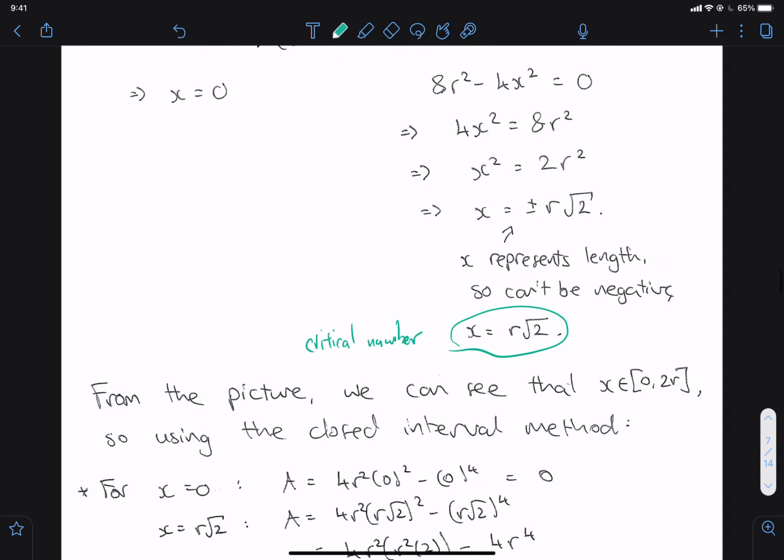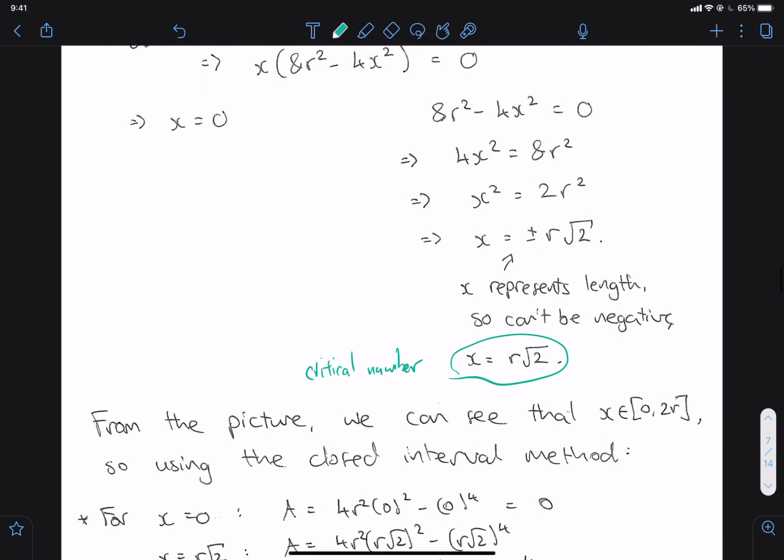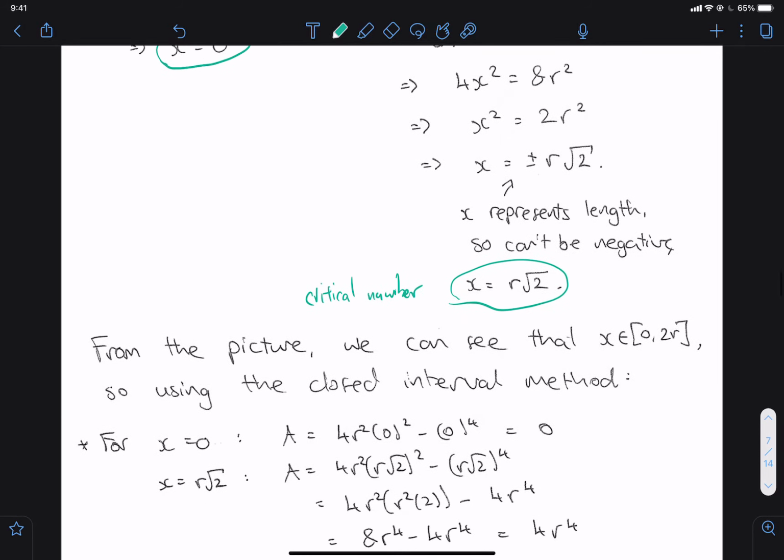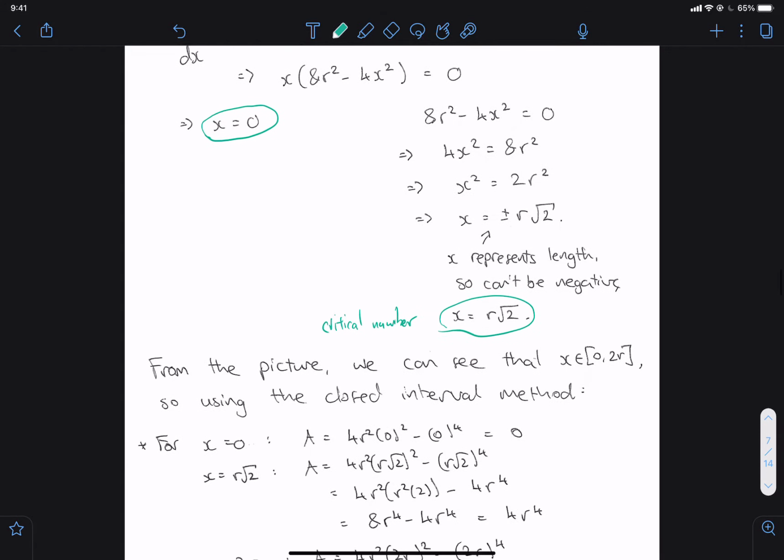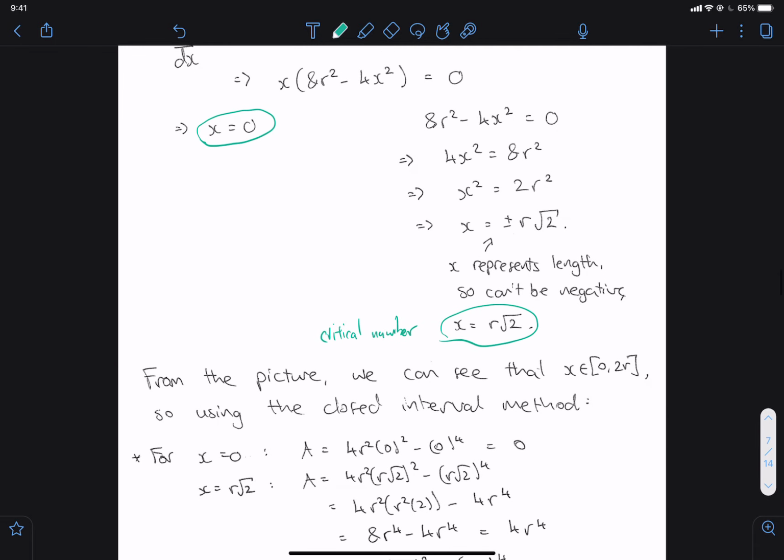Okay, so after we have the critical number, also this is our critical number, right? X equal to 0. So after we have the critical number, we're gonna consider the function on the interval x from 0 to 2r. The reason why x can be 0 is obvious, right? That's the smallest value x can be. But why it can be 2r here?